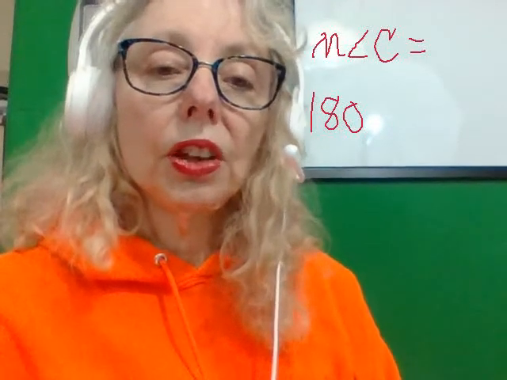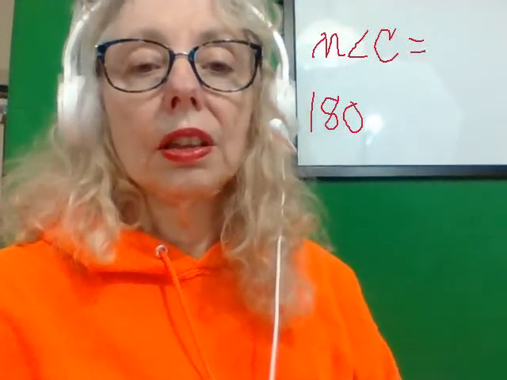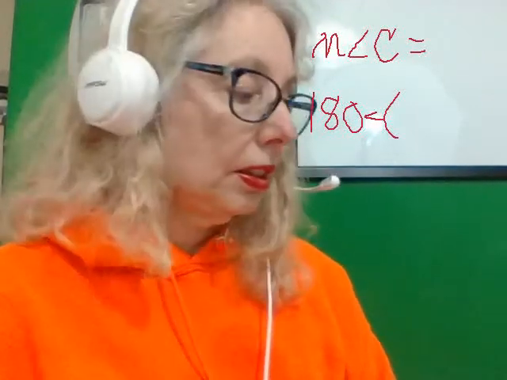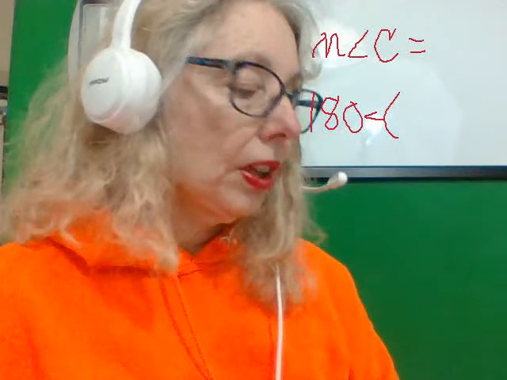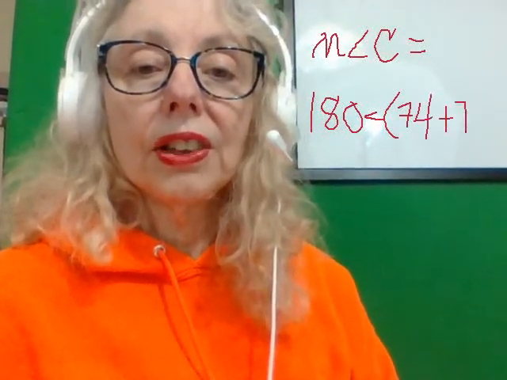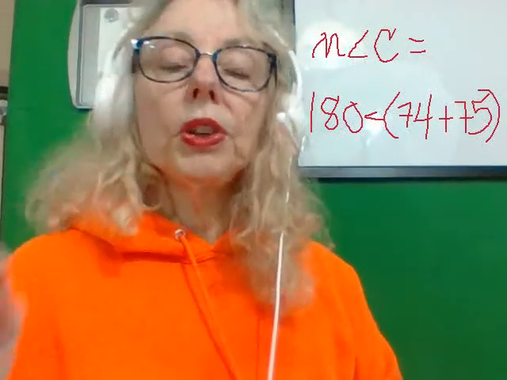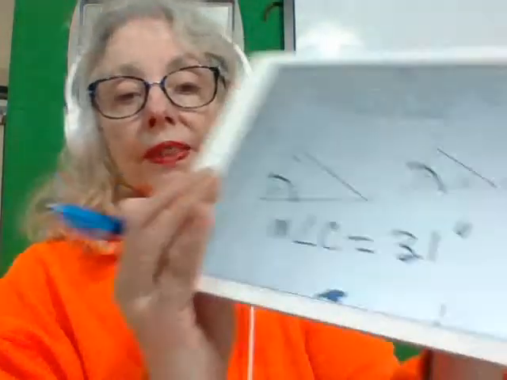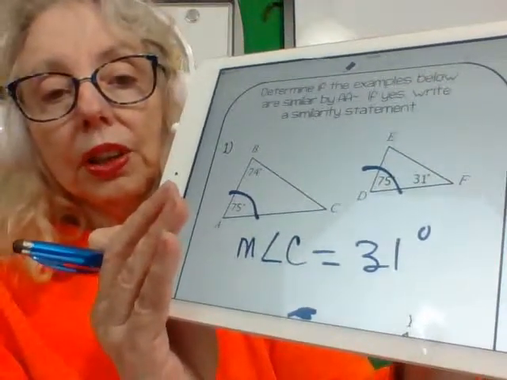If I touch this wrong on this screen, it doesn't write. 180 minus 74 plus 75. And when you put that in the calculator, it turns out that the measure of angle C is equal to 31 degrees. Measure of angle C is 31 degrees.